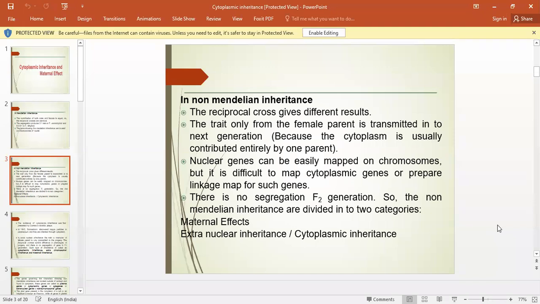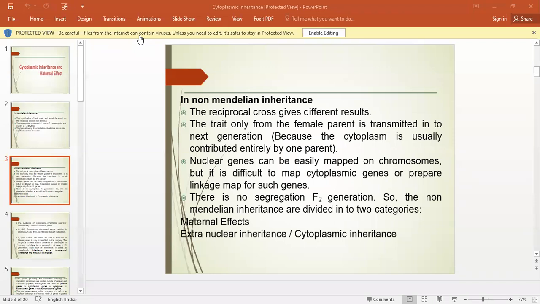For a nuclear gene, the result of reciprocal crosses is the same, and for the cytoplasmic gene, the gene present in the mitochondria and chloroplast, reciprocal crosses give different results. So this is an important second rule.